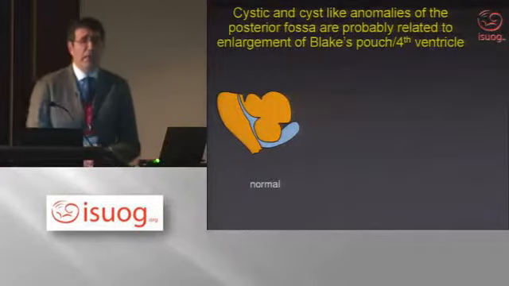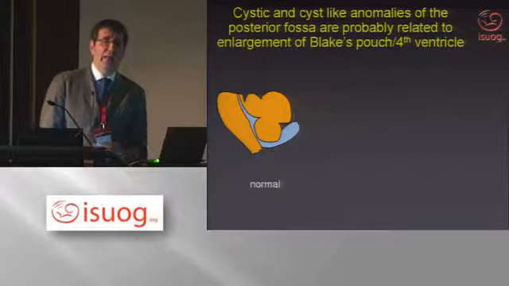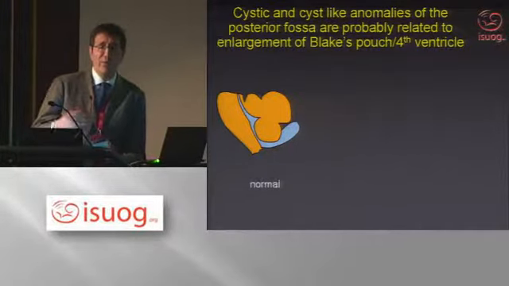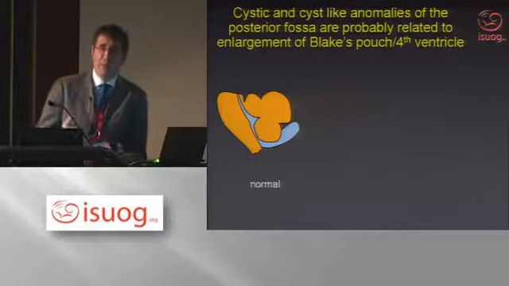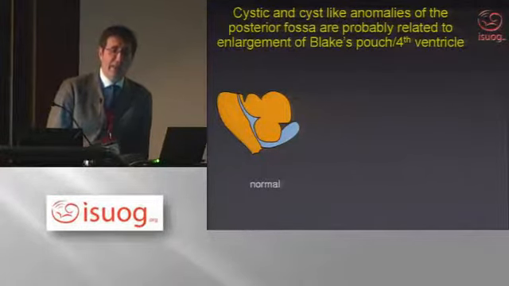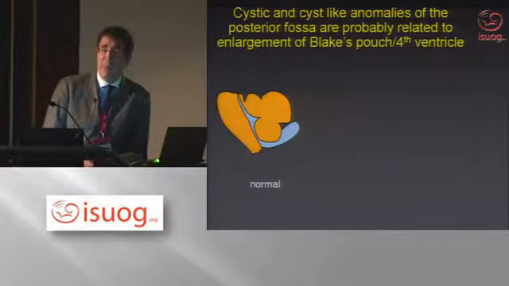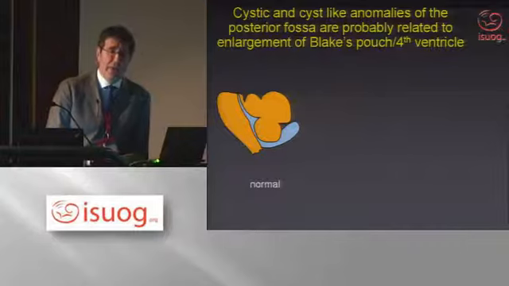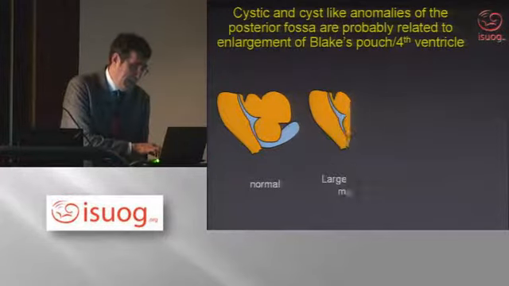But first of all, let me take a step back, because in the modern view, and it will probably change in 5 years from now, but in the modern view, all of these abnormalities are somehow related to an abnormal development of the Blake pouch. You remember that that is the normal appearance of the Blake pouch, that finger-like protrusion of the fourth ventricle below the cerebellum, below the cerebellar vermis.